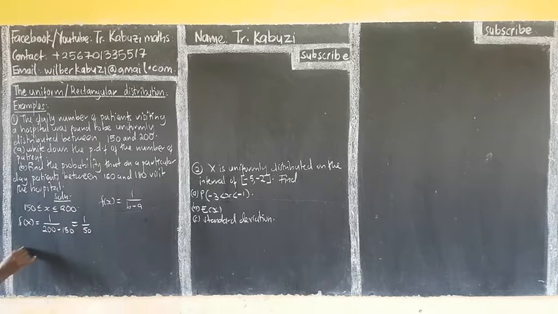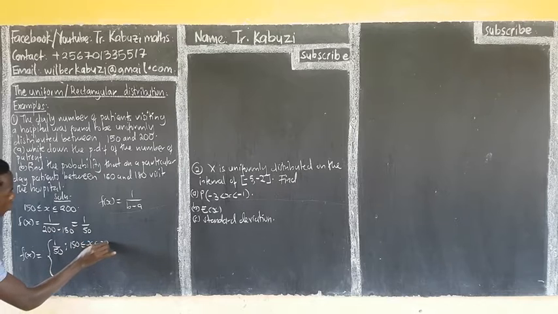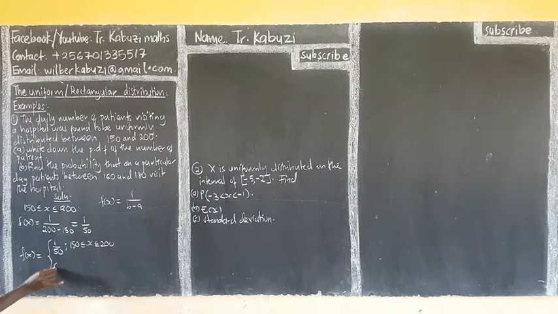This is how I write the PDF: 1 over 50 from 150 to 200, then 0 elsewhere. That's how we start when you get this.